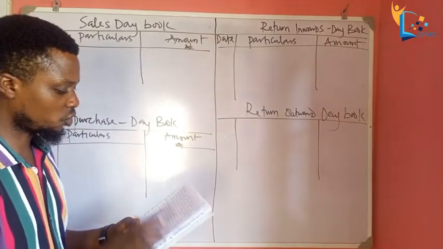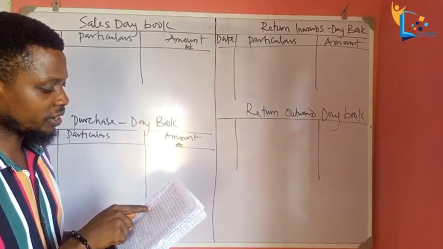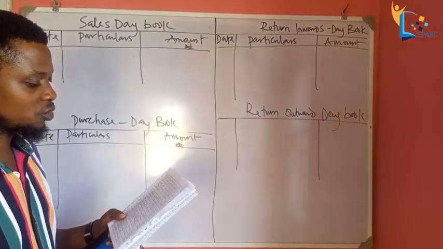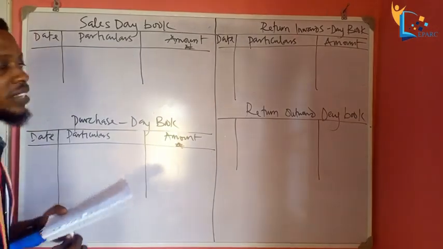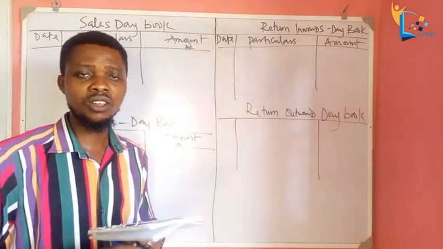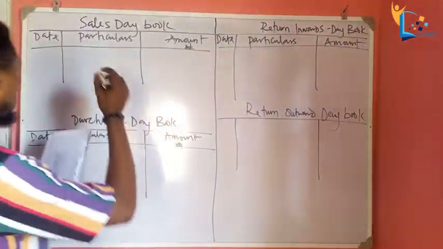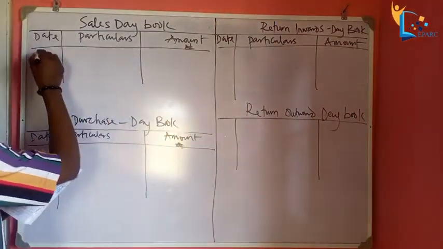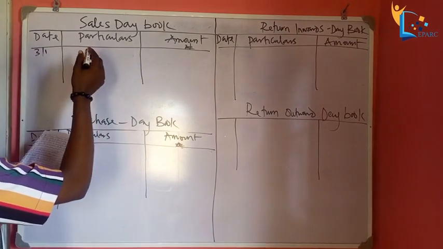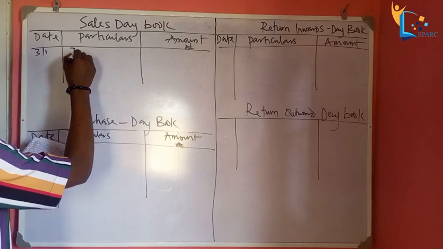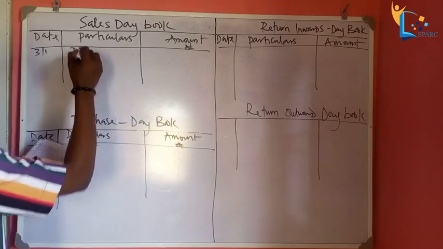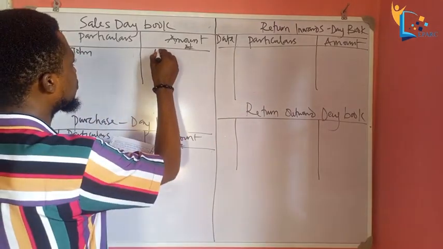Okay, so let's continue. On the 3rd of January, sold goods on credit to John, 150,000. Goods sold on credit, I told us, comes under sales day book. So you write the date, 3rd of January, goods on credit, John. How much? 150,000.